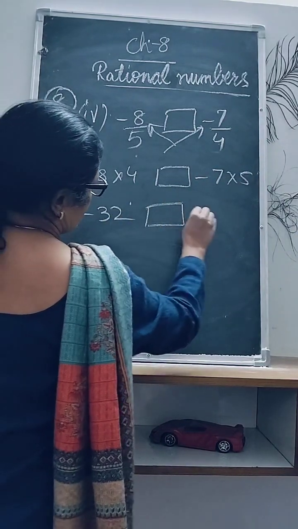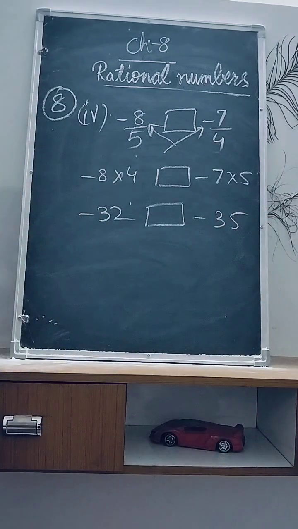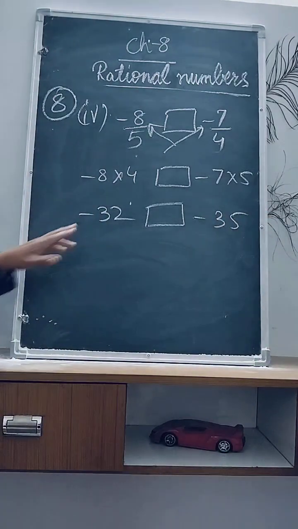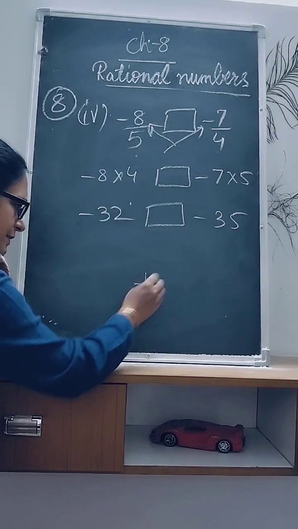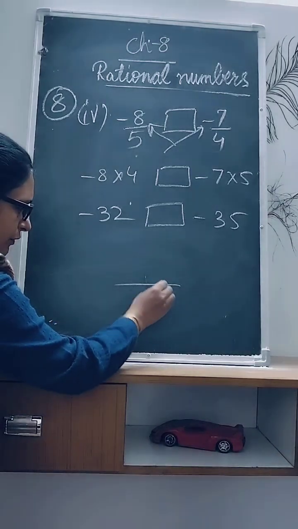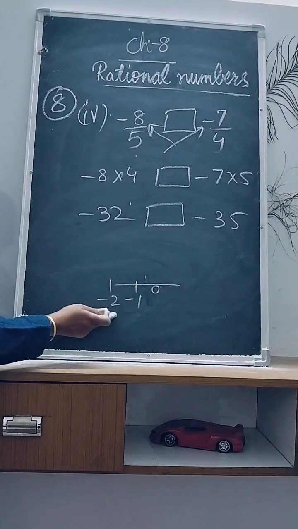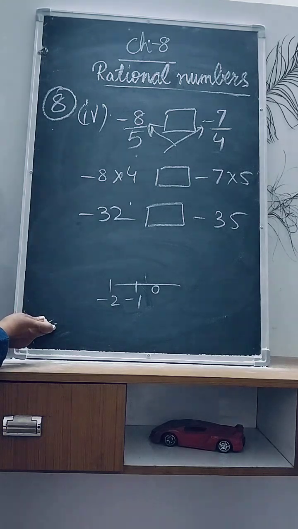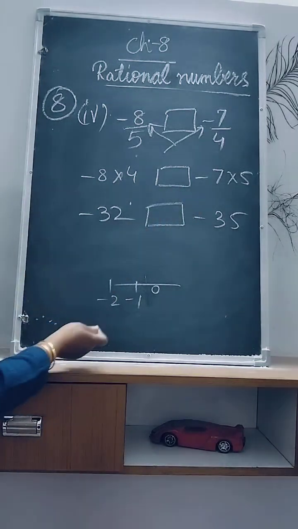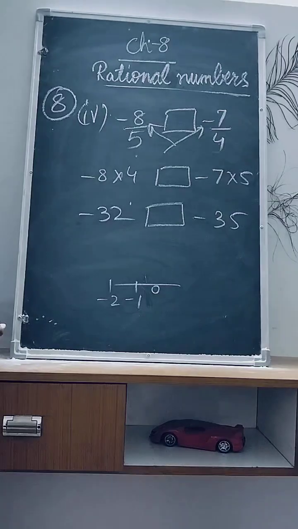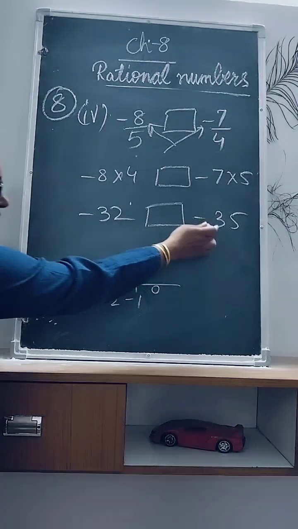32 and 35. Now, as you know, if we keep on moving from 0, minus 1, minus 2, the further we go, the lesser it would be. If we are having the negative sign and moving more to the left side, it would be less.